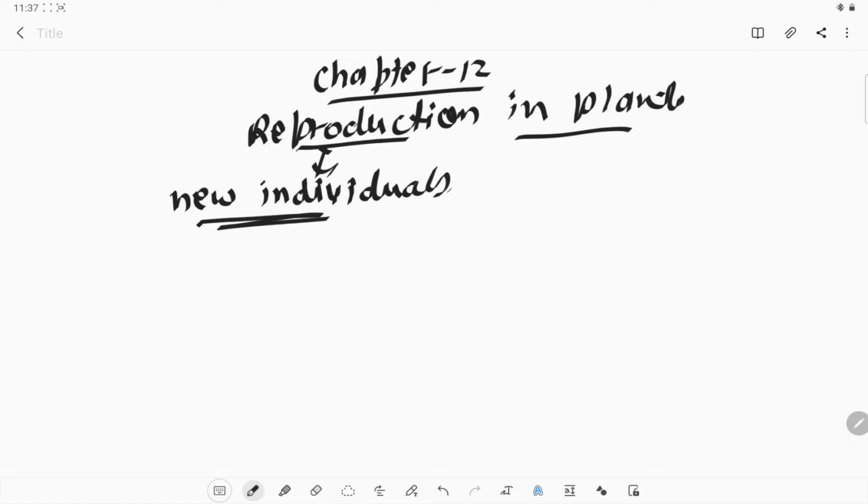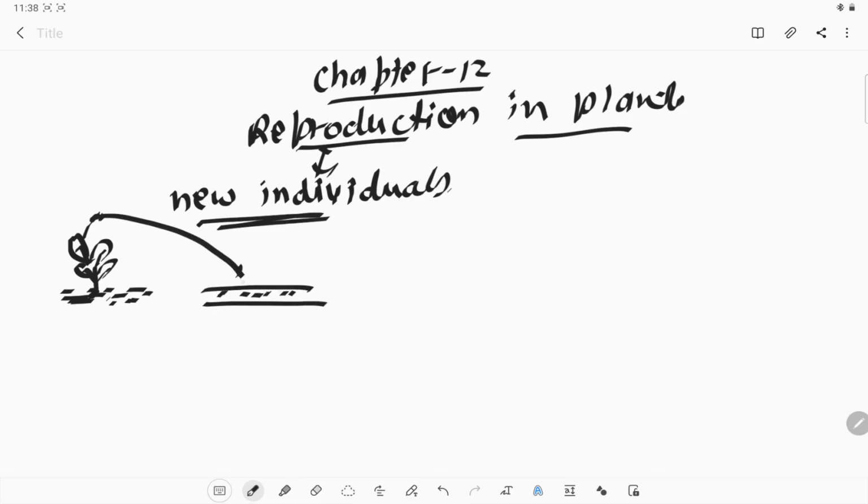The main process is that first of all, we sow the seed in the soil, and that seed will grow into a plant. After maturation, that plant will produce seeds again, and those seeds will grow in another soil, and there we can find a new plant.